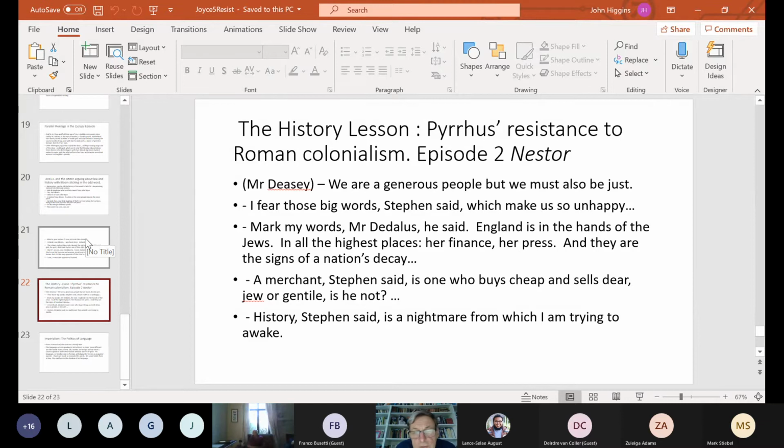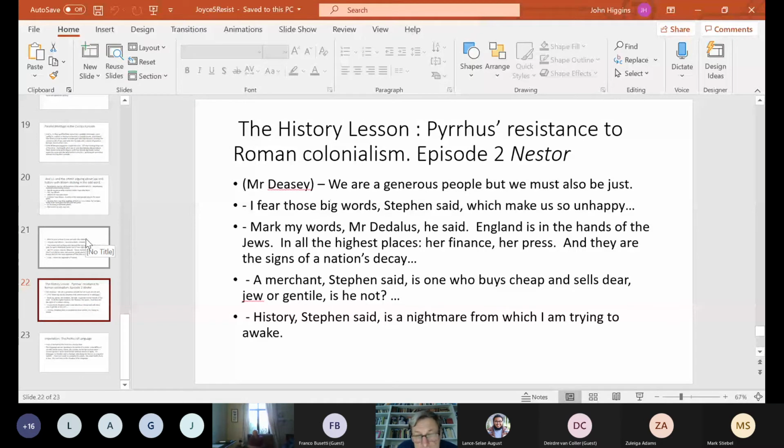"I fear those big words," Stephen said, "which make us so unhappy." The big words he means are the received ideas of being a generous people, saying we must be just. What do those things mean? He's not so sure, when they can be used to promote violence.